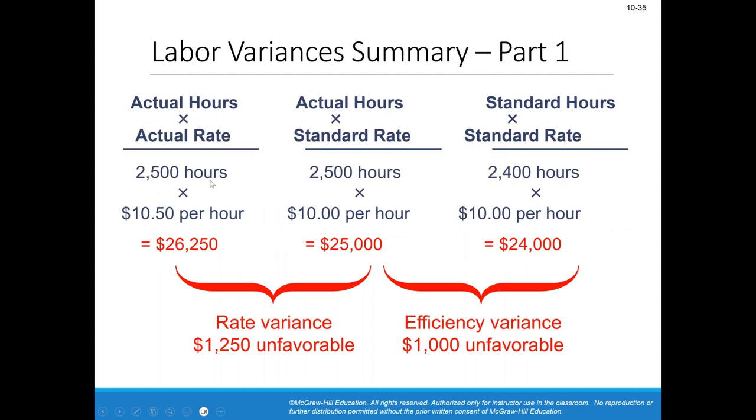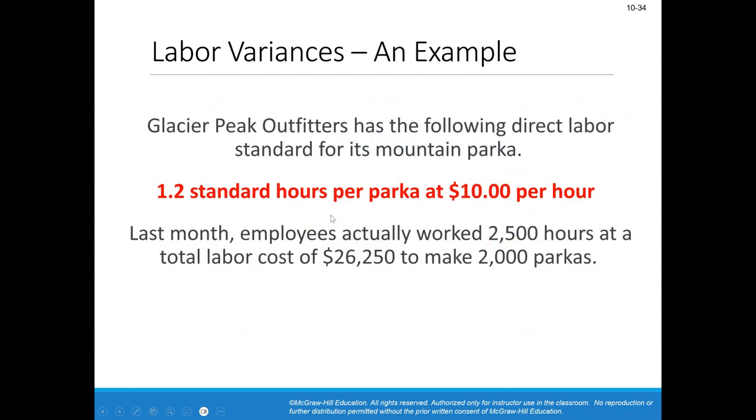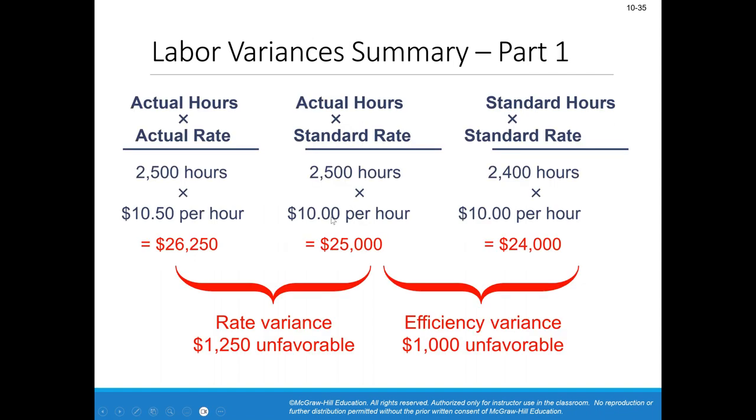And so we're going to go through the same process, and we're going to get that the efficiency variance was unfavorable because we used more hours. So basically, my math is off. Yes, we should have used 1.2, we should have used 2,400. My mistake. We used 2,500. So we're going to have an unfavorable variance both for quantity and for price. And together, that's going to be $2,250.